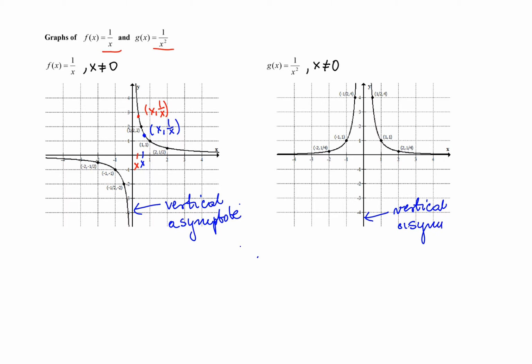Now, if you look at the behavior of the function when x increases without bound, the values of y will decrease. So the further I am on this number line, the larger my value of x, the value of y is going to be smaller and smaller.